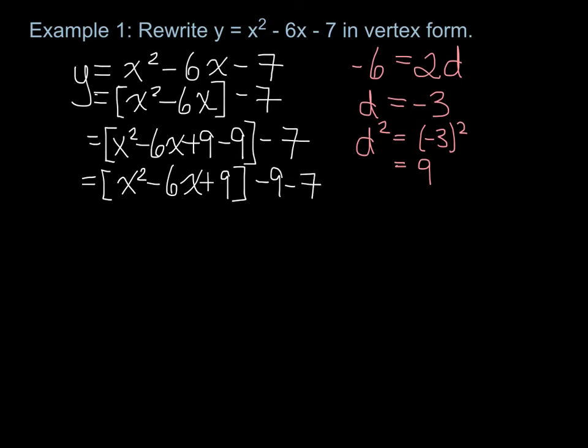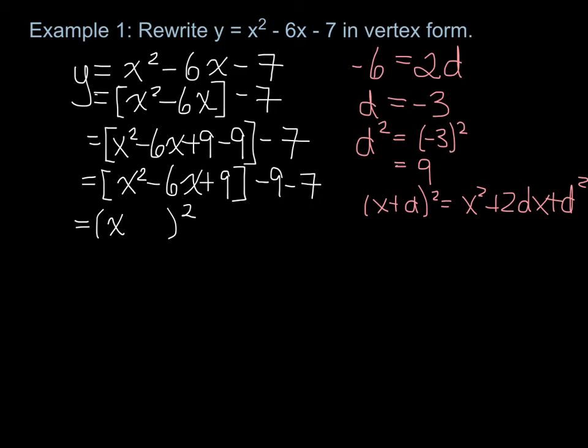So now we can see that that first bracket part is going to be a square. The question is what goes on the inside. So let's remind ourselves quickly again. X plus d squared is x squared plus 2dx plus d squared.